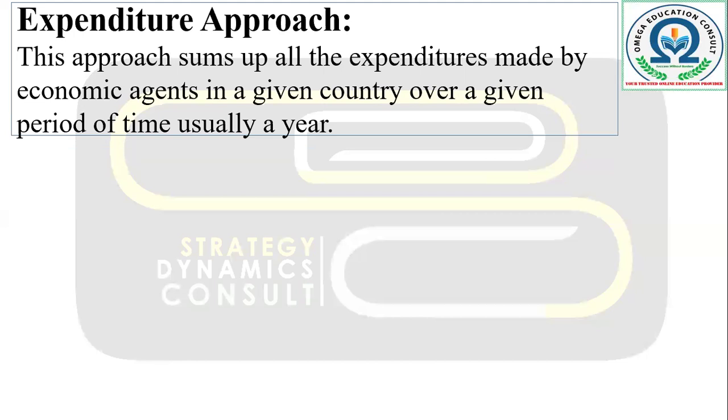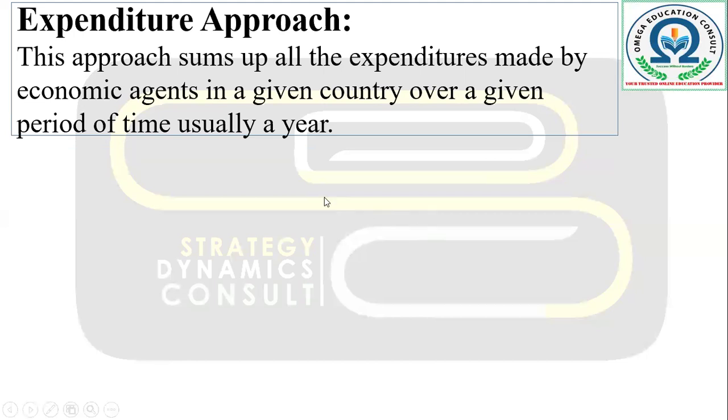And take note that there are three economic agents in here: individuals, firms, and governments. So all their expenses, when we put them together, amount to the national income of the country.